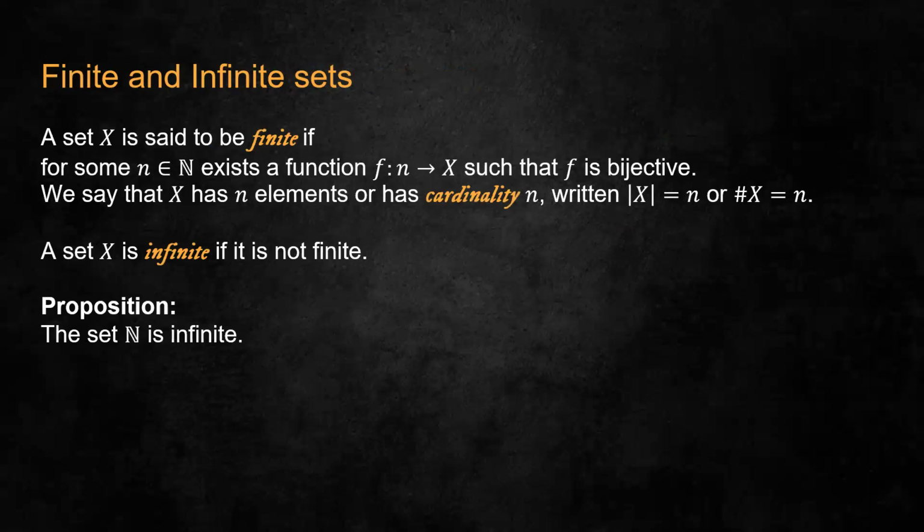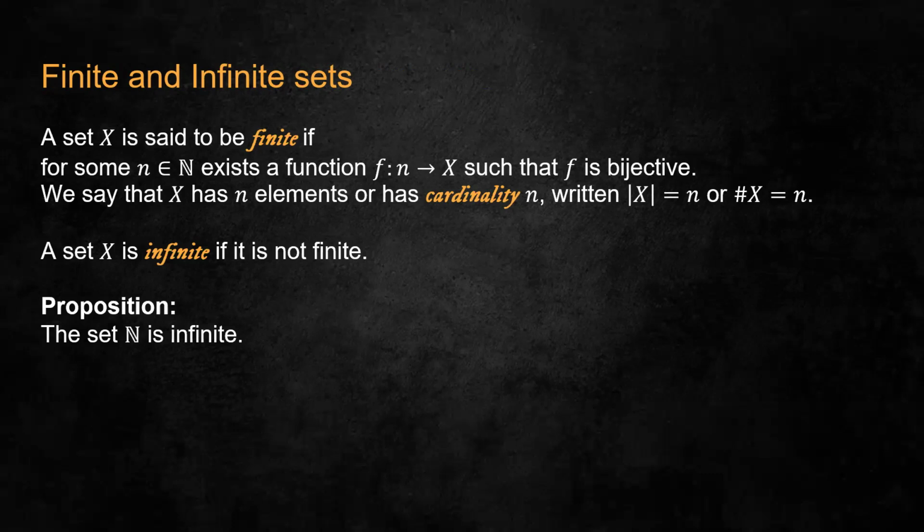And now we can finally say what it means to have 12 rooms or 12 oranges or 12 people. We say that a set is finite if there's a number n and there's a bijective function. You can also call it a one-to-one and onto function. And we call that number n the cardinality.